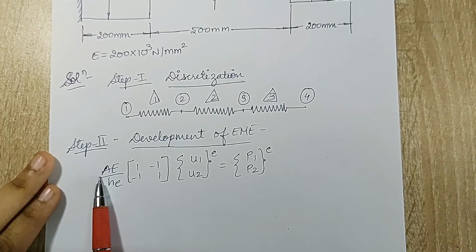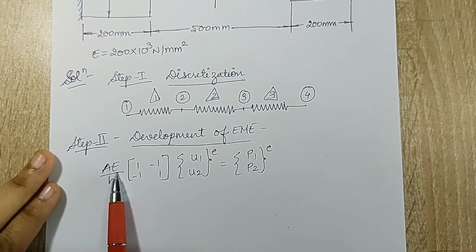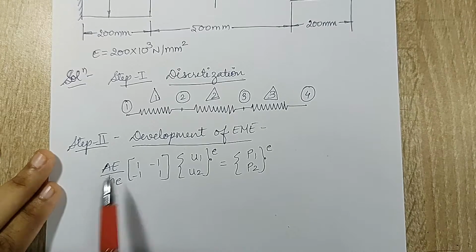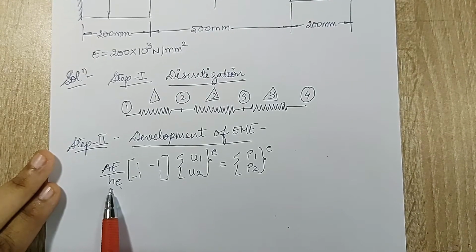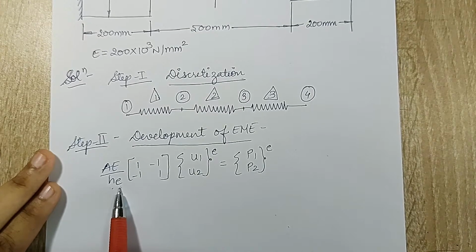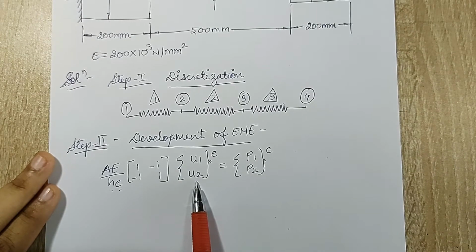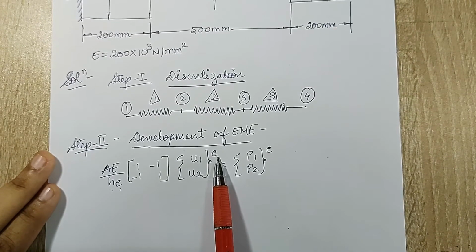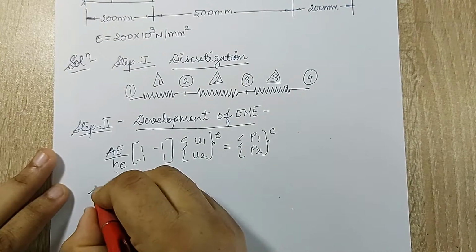A is indicating the cross section area of each element. E will indicate the Young's modulus of each material. H^e, e is again element number and H is a length. So if I write H1, I would mean the length of the element 1. These U1, U2 are indicating displacement. Raised to e is the element number. So let me write for element 1.